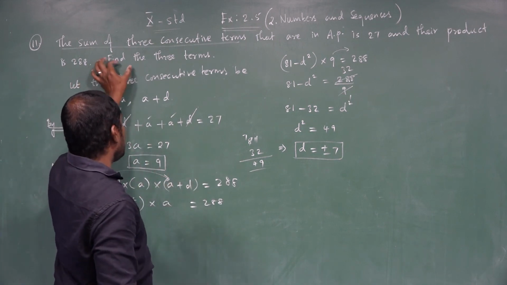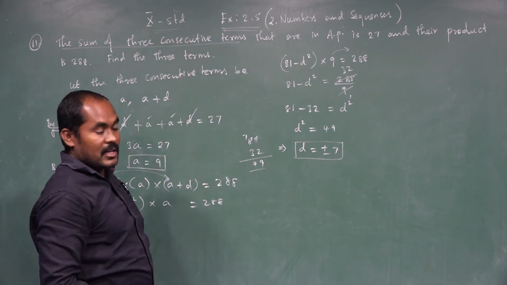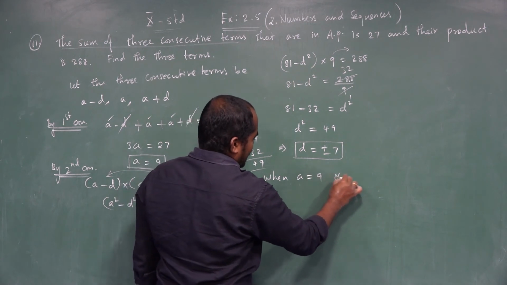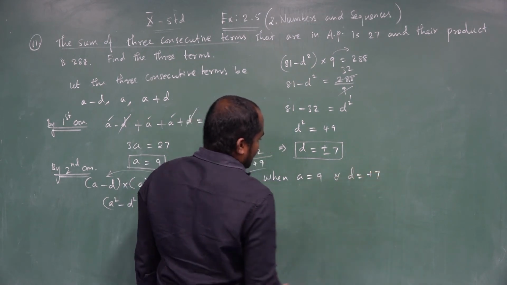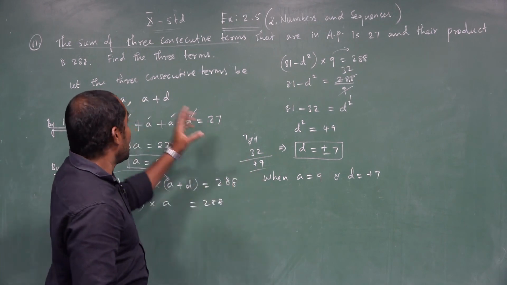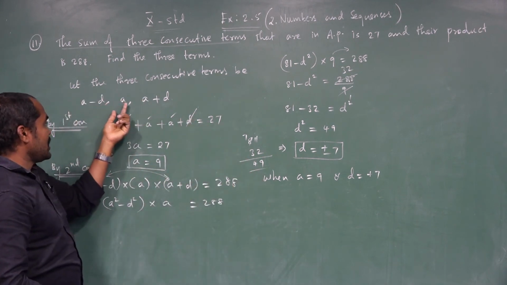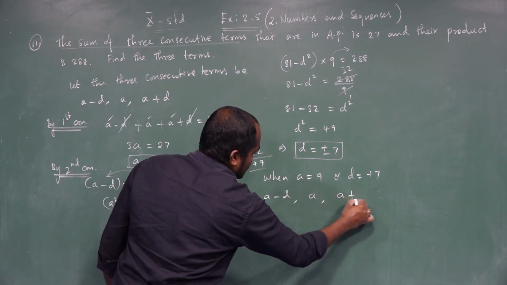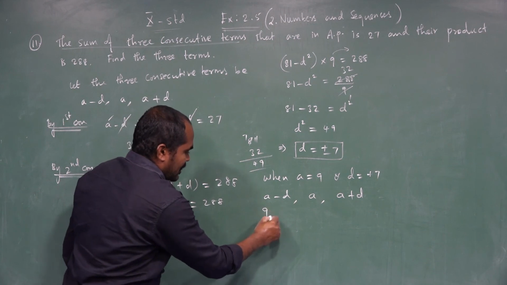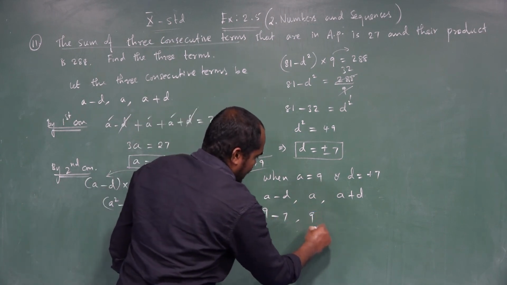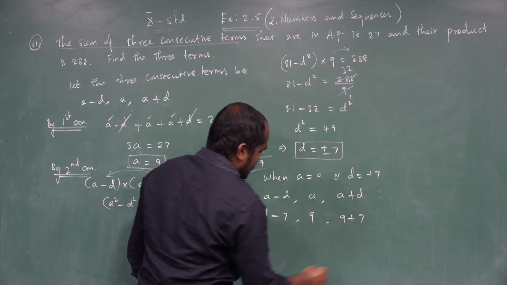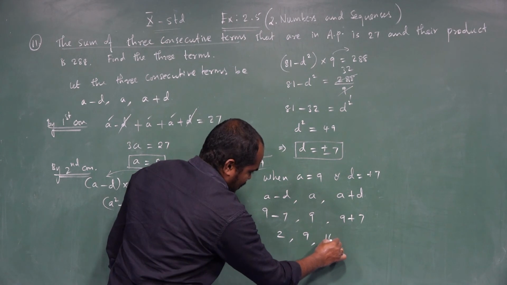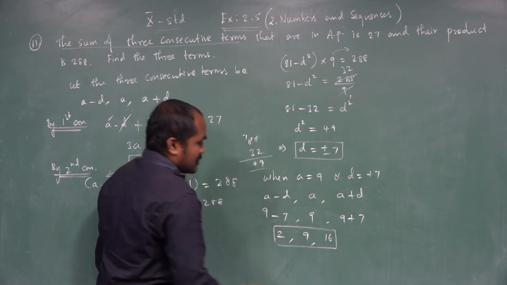Our question is to find the three terms. When a equals 9 and d equals plus 7, apply these values in the three consecutive terms: a minus d, a, a plus d. So 9 minus 7 is 2, 9, 9 plus 7 is 16. So 2, 9, 16.